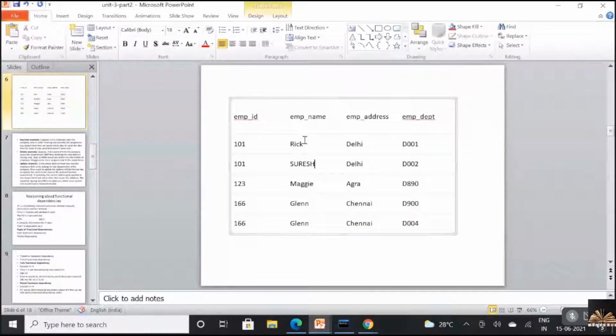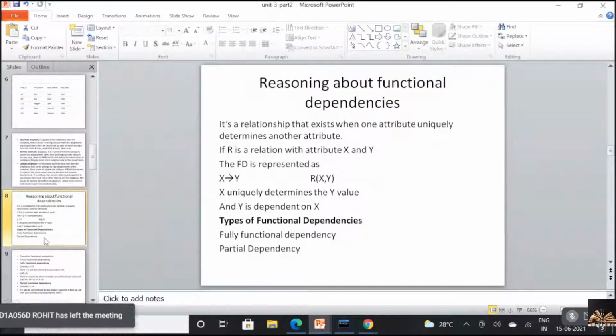I cannot, because 101 maps to Rick once and Suresh the other time. But if for each row I have the same name for the same employee ID, then I can say that employee ID determines employee name, or employee name is determined by employee ID. That is the concept of functional dependency.